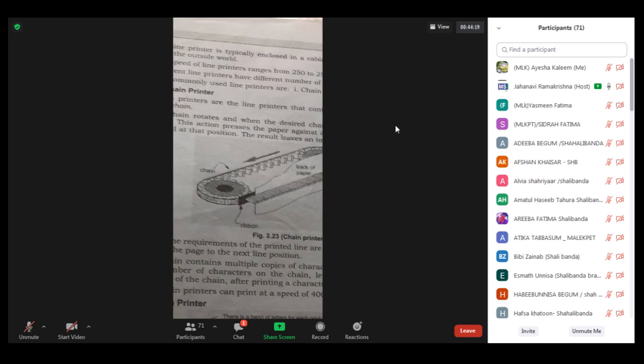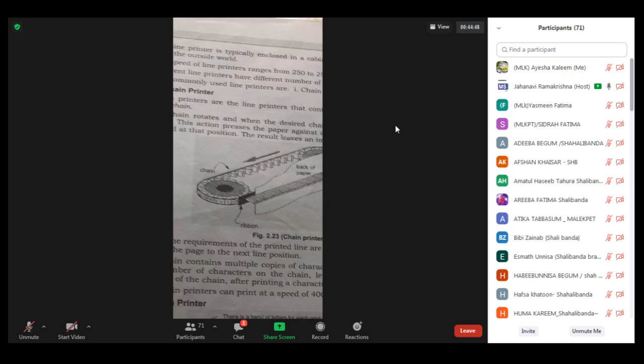Whatever. So with this, there will be a result leaving an impression of the character. As it is a line printer, once done with the first line, the carriage control, which you call the cursor nowadays, but in the printer it is the carriage control, moves the page to the next line position.